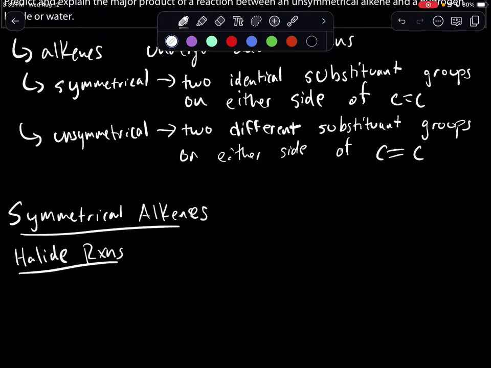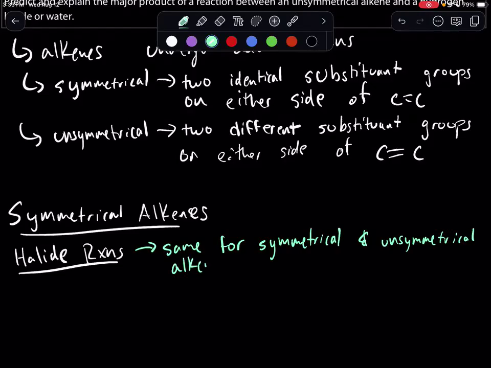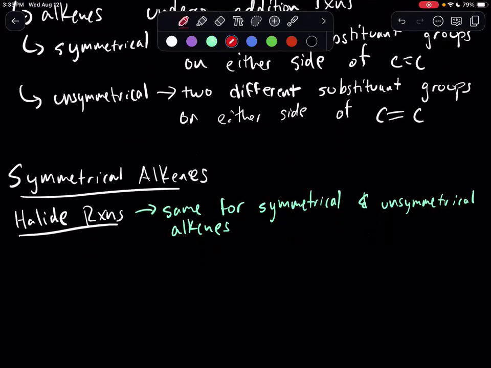Now, the easy thing about halide reactions is it's actually the same for symmetrical and unsymmetrical alkenes. That's because on either side of the double bond, you're still adding the same reactant. So if it's like chlorine, you're still adding a chlorine to each side of the double bond, and it doesn't change anything. So let's take a look at what that reaction mechanism actually looks like.